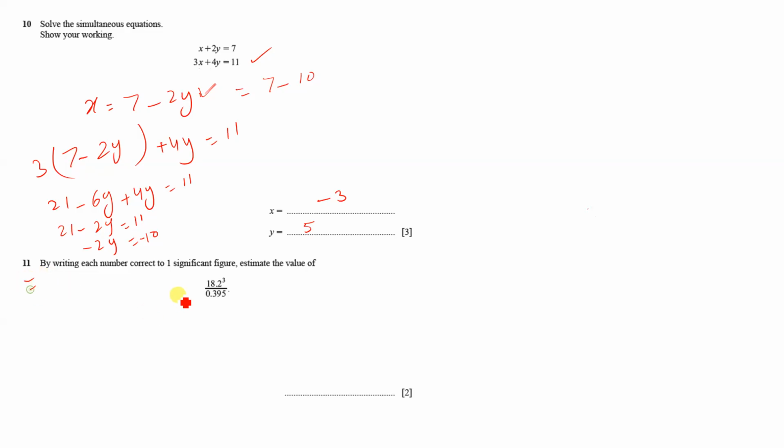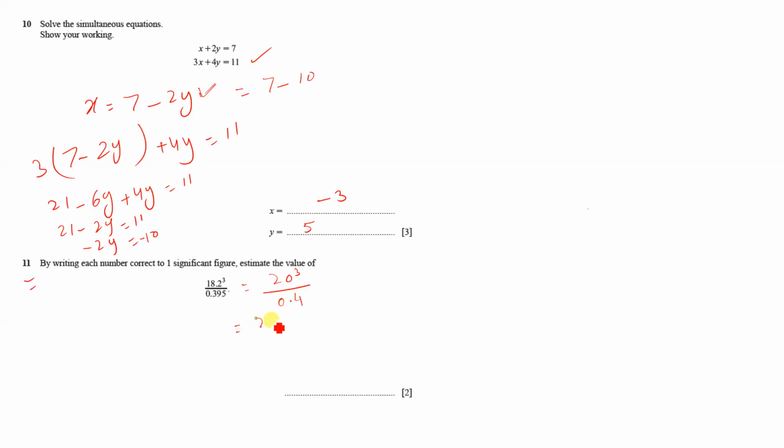Question number 11. By writing each number correct to one significant figure, estimate the value of this. So 18.2 correct to one significant figure would be 20. So 20 cubed divided by 0.395, which is 0.4. So let's simplify this.